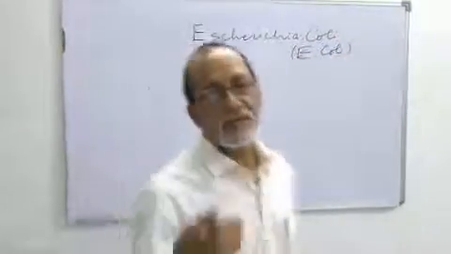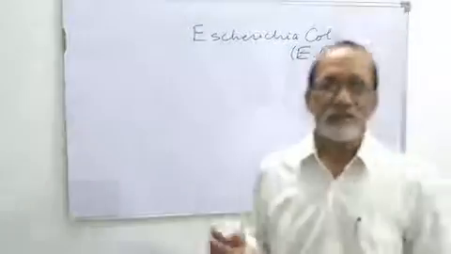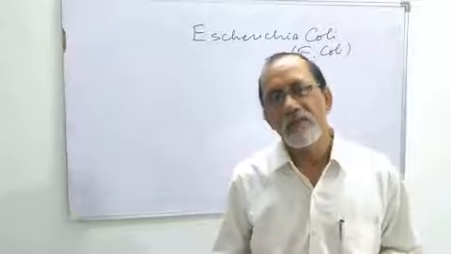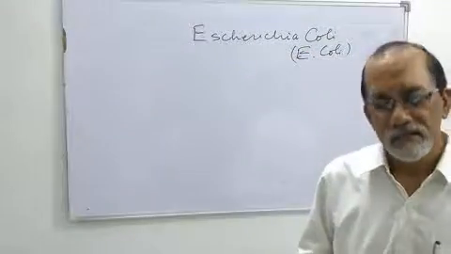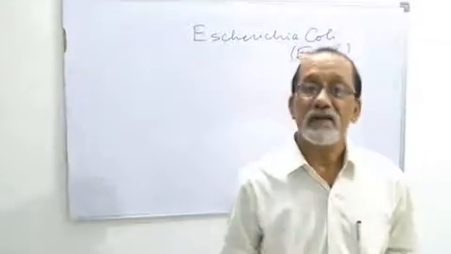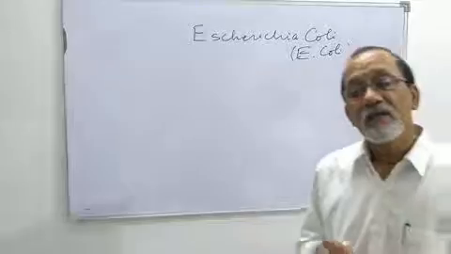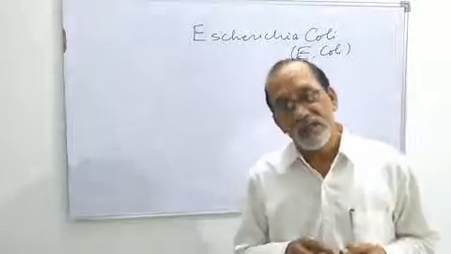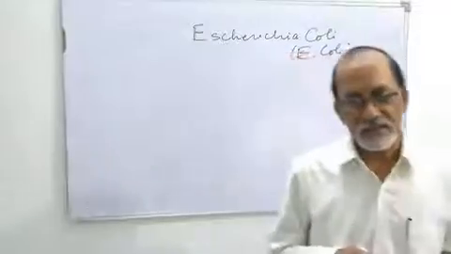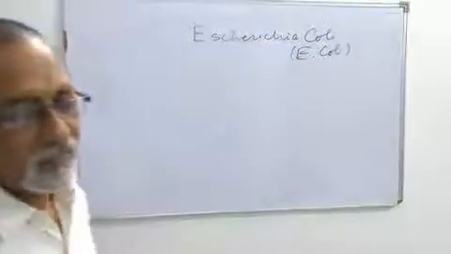This is a species of the genus Escherichia, and this genus is named after the German pediatrician Theodor Escherich, who first identified this E. coli under the name of Bacterium coli commune in 1885. So this is for general knowledge, who found Escherichia coli for the first time.